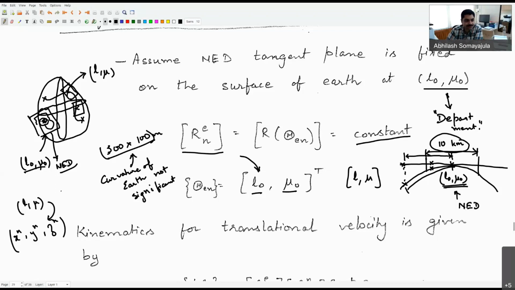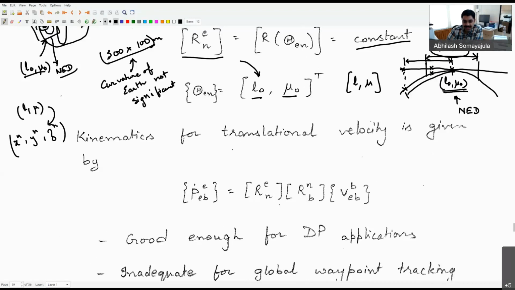Okay, so in this case, for the kinematics of the translational velocity, I know that the derivative of the position vector from origin E to origin of B, expressed in the E frame, is given by the rotation matrix from N to E times the rotation matrix from B to N times the velocity of the body-fixed origin with respect to the Earth center, expressed in the B frame.